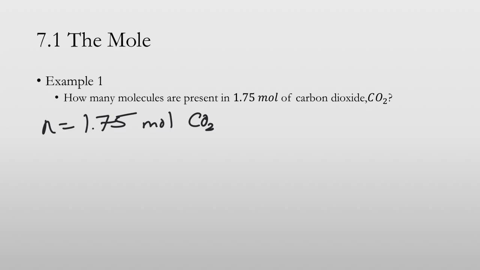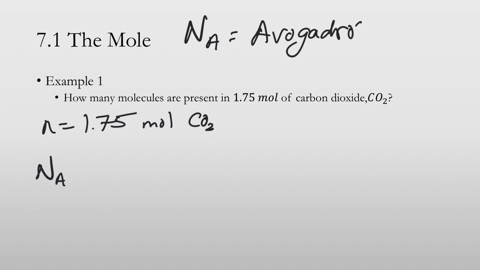What we have also is Avogadro's number, which has the symbol a capital N with a subscript capital A. And that's, again, equal to 6.022 times 10 to the 23rd power.